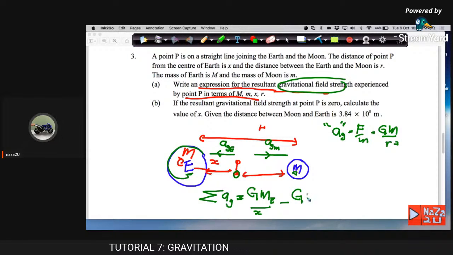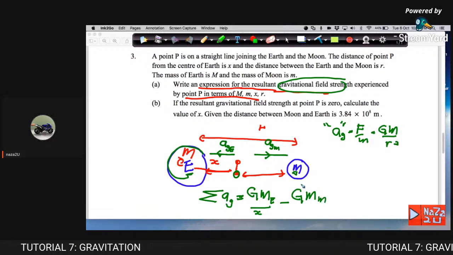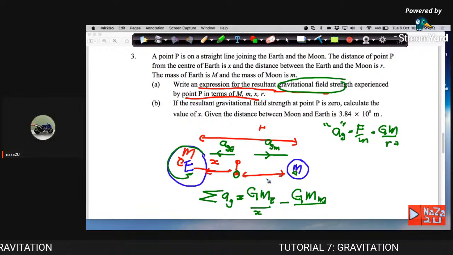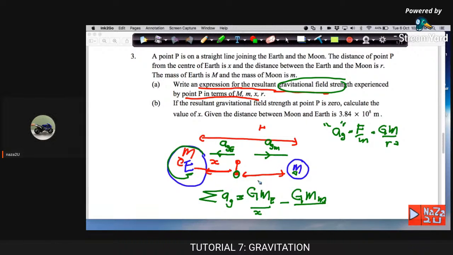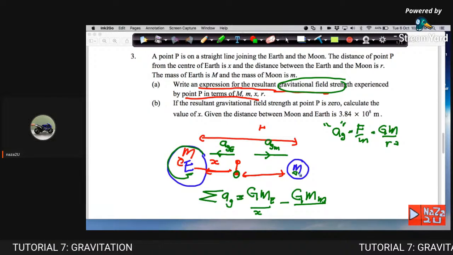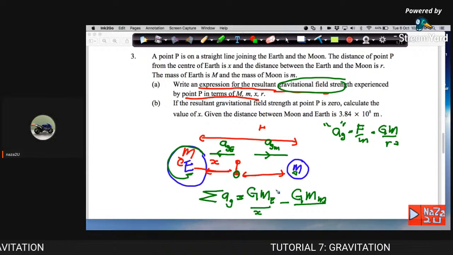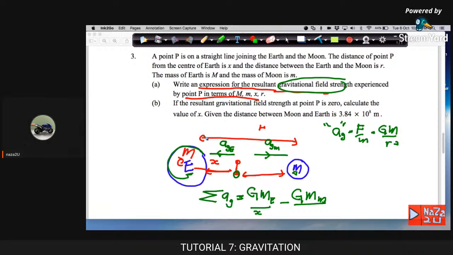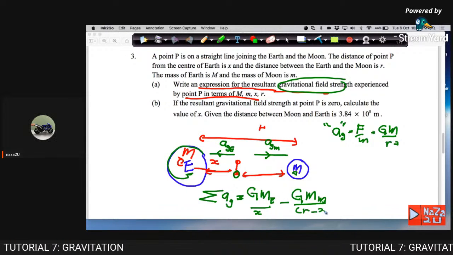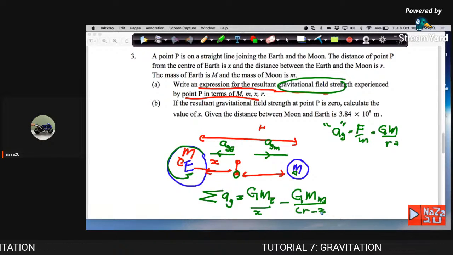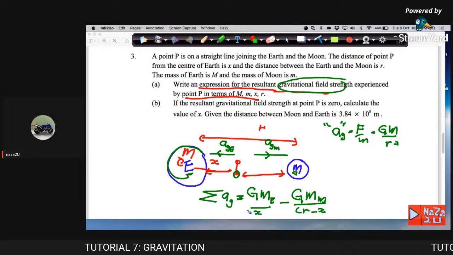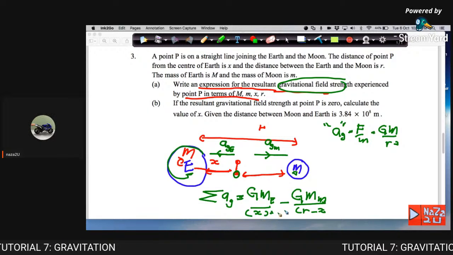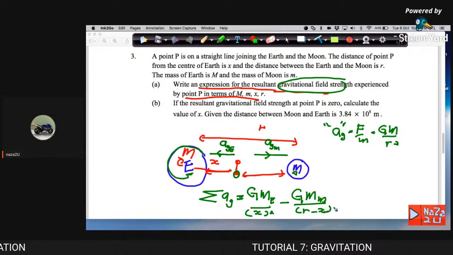So equation M here, m for Moon. Okay, this is the distance from mass Moon to the P here, dia tak bagi kan, tapi dia bagi jarak ini. So here is R minus X. Okay, R minus X, squared, because we have a distance square.